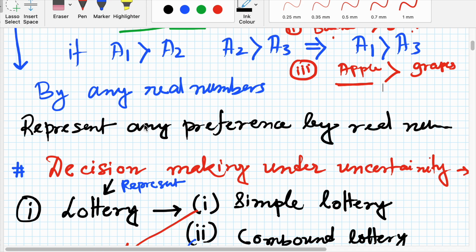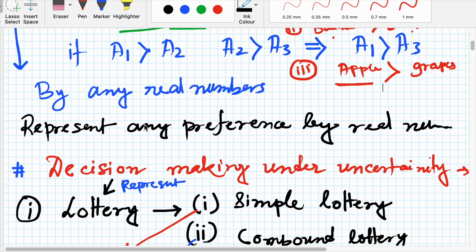We introduced the concept of a lottery, and we learned in the previous class that any uncertain situation whose uncertain states can be characterized by probabilities can be represented by a lottery.